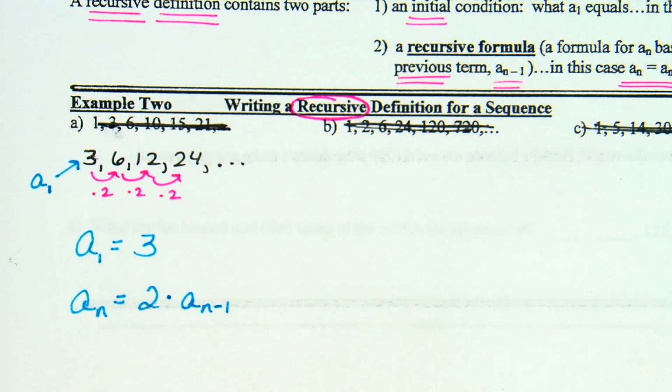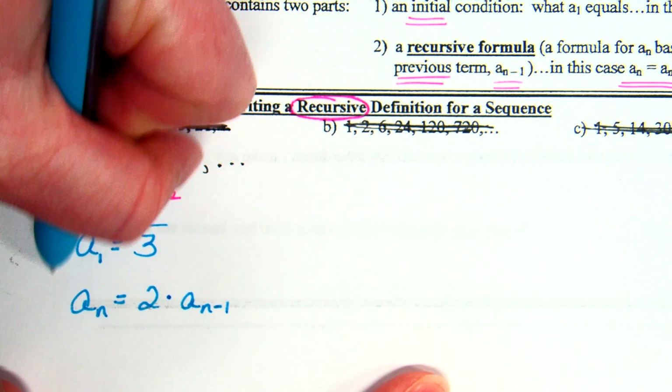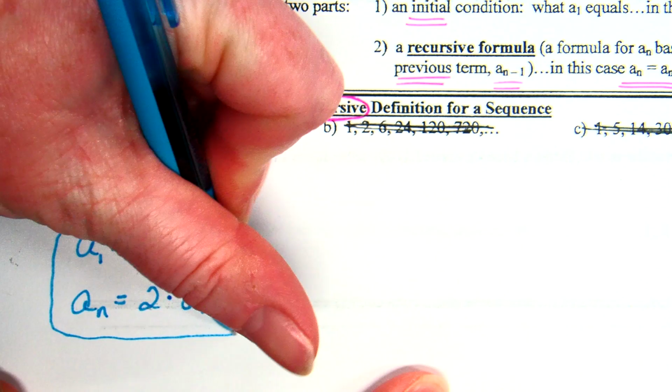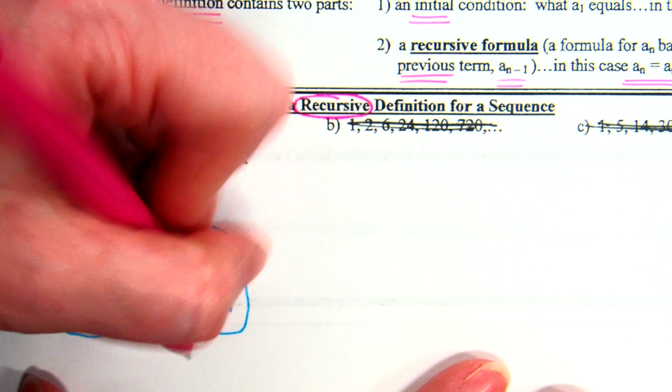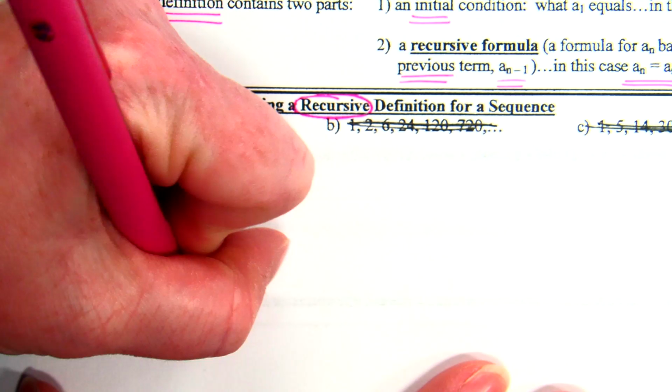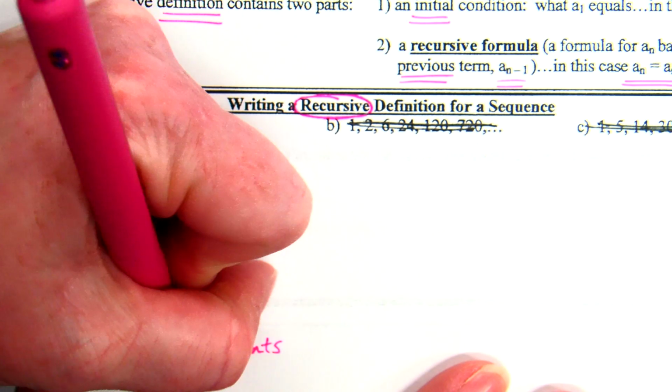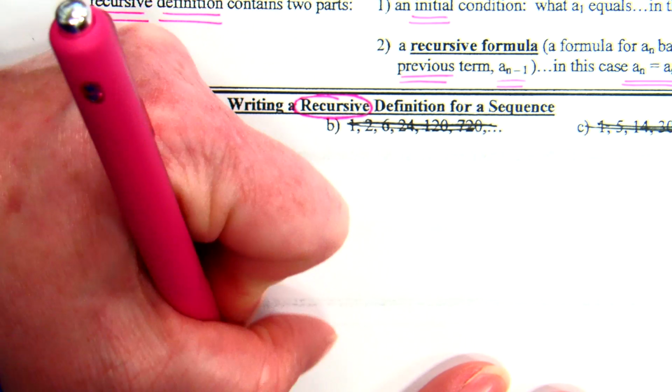And again, this is a recursive formula. And remember, that A of n minus 1 represents the previous term.